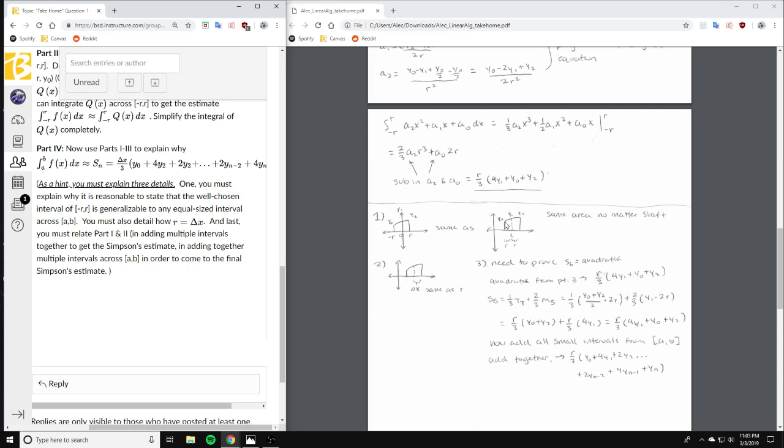So base times this plus this divided by 2, that is the trapezoid, plus 2/3 of the middle point, which is y1, as you can see in our drawing, times the base, which is again 2r. Simplify this, you can see that the r comes out, the 3 comes out, r/3 times this plus r/3 times this. Again, by the distributive law, we can take the r/3 out, and we end up with the exact same thing as the quadratic.